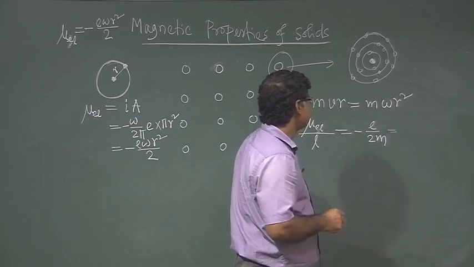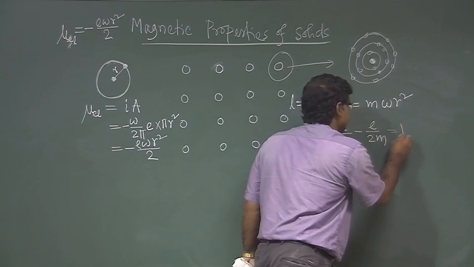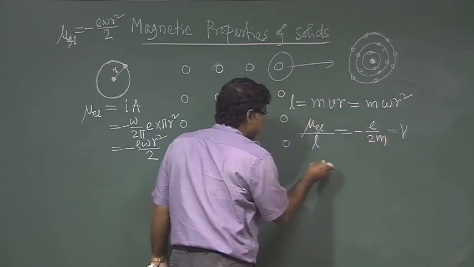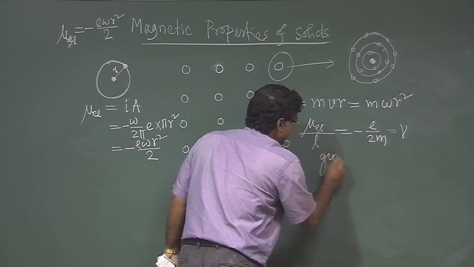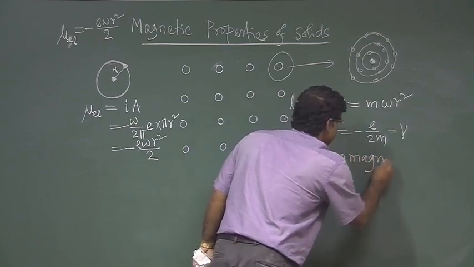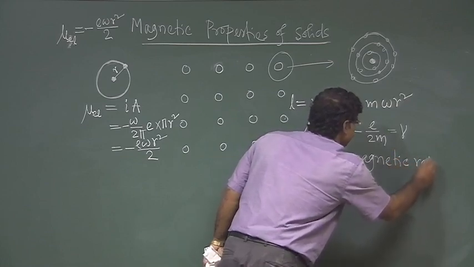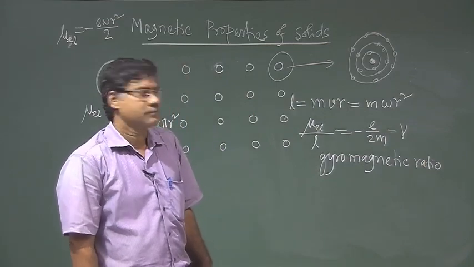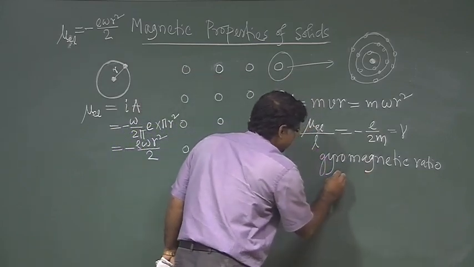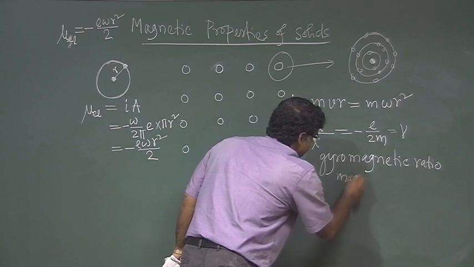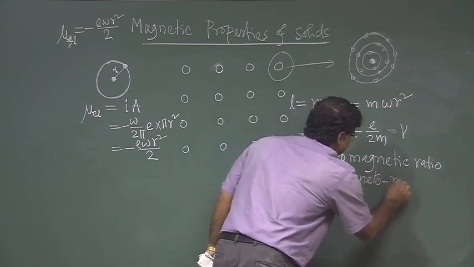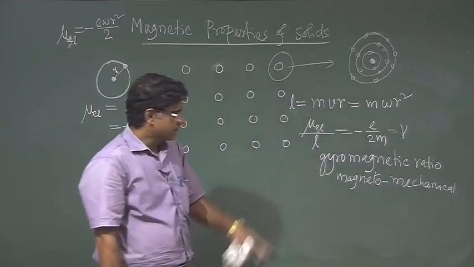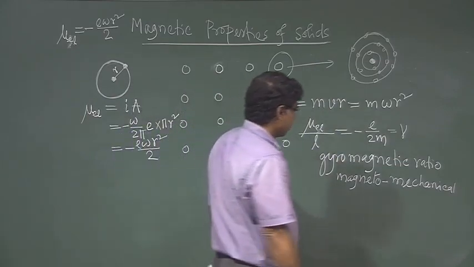Sometimes we use gamma for this. This gamma is called the gyromagnetic ratio, also called the magnetomechanical ratio, factor or constant.